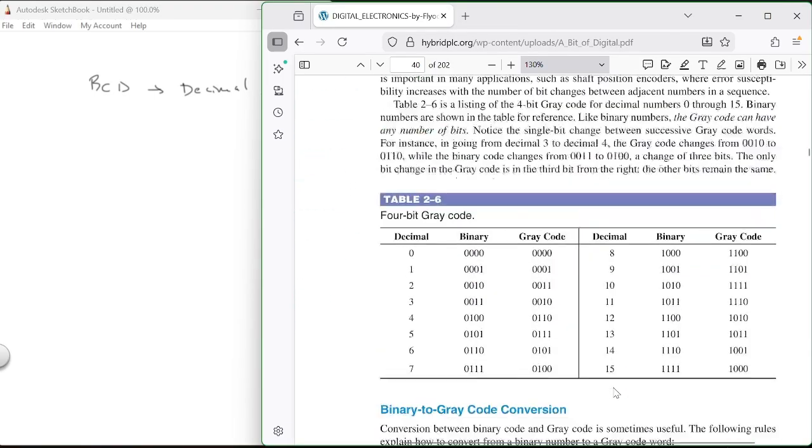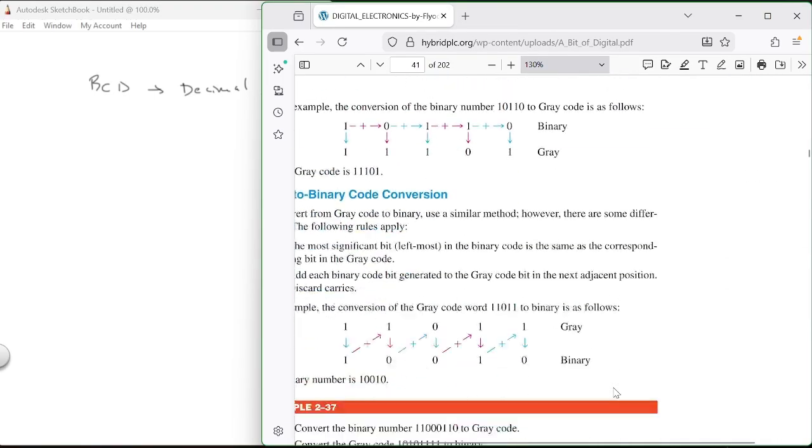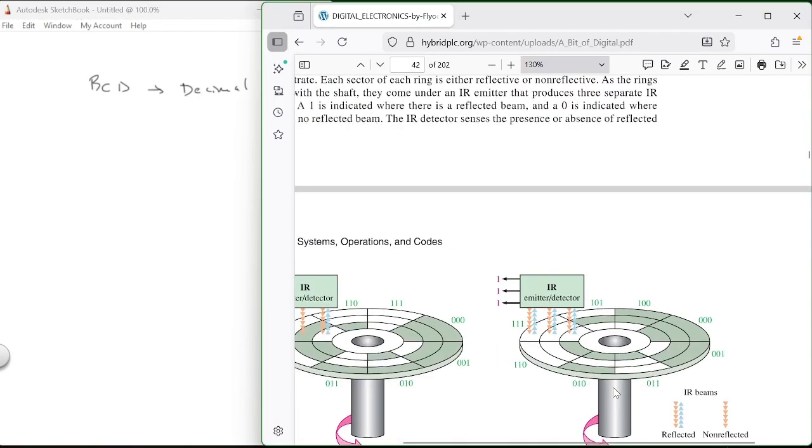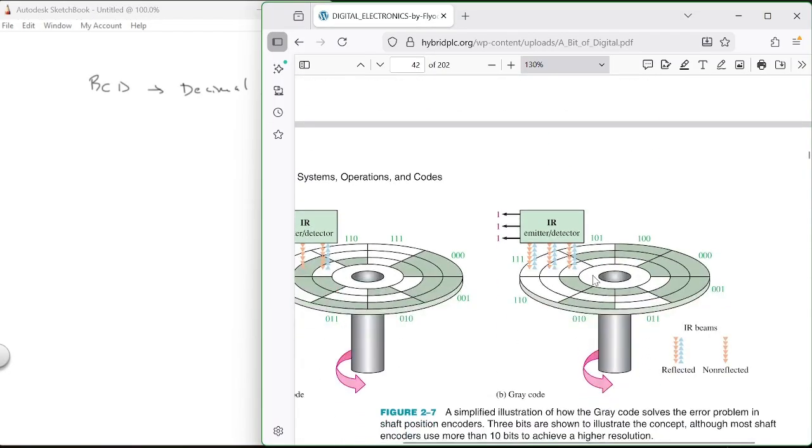Gray code is a coding system that is used if we have an absolute encoder. An absolute encoder is a rotary device that you can read bits off of, 4 bits, 8 bits, 12 bits, whatever. And if you are reading on a crack, you do not want to be more than one number off.